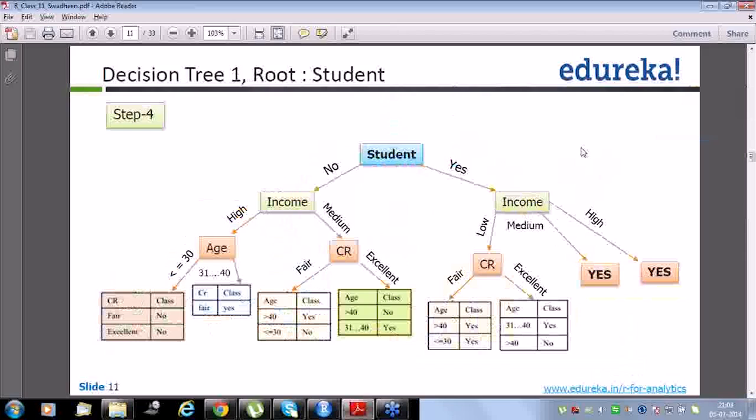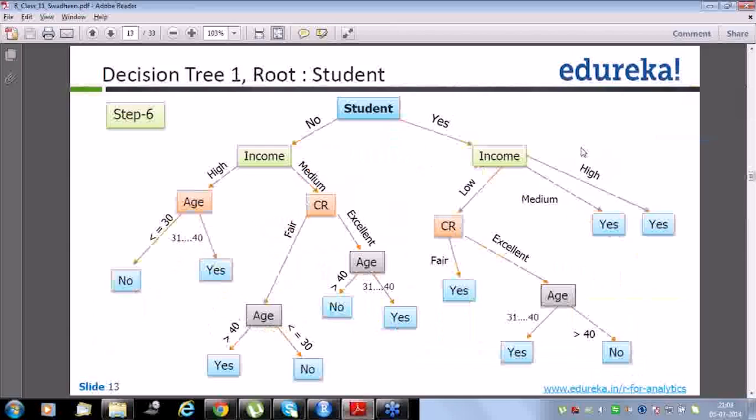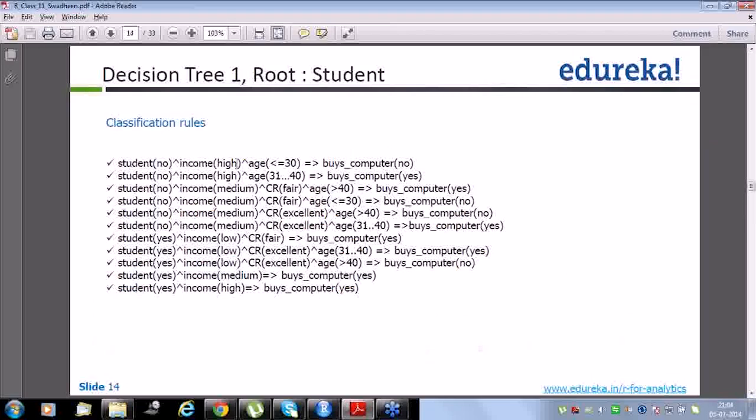We started taking student as a root node. So we have a classification rule: if not a student but falls in the high income category and age is less than 30, he will not buy the computer. That is the classification rule we got from the tree.